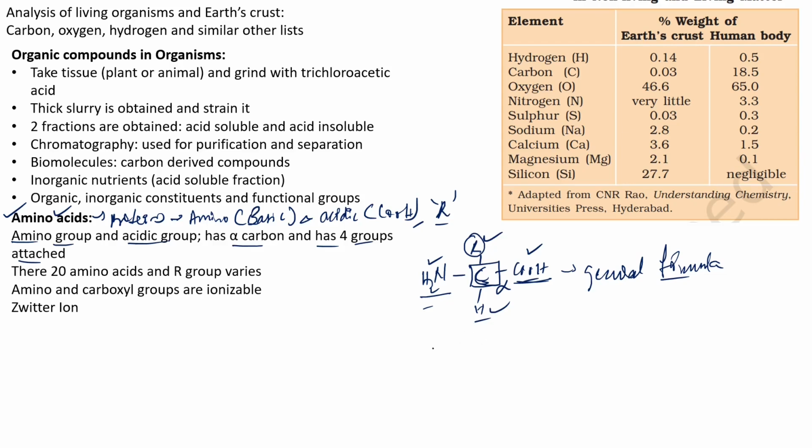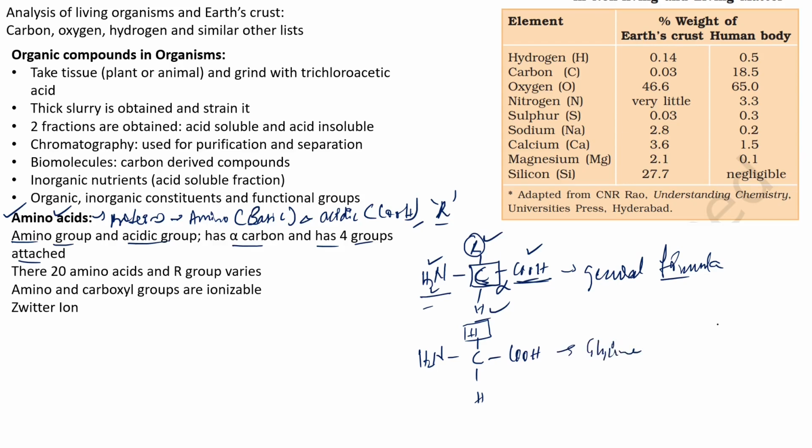Let me draw or write one amino acid over here. NH2, alpha carbon, hydrogen, and carboxyl group, right? And let us substitute this R value with a hydrogen. So if you find a simple single hydrogen in the R group, then this amino acid is glycine, right?